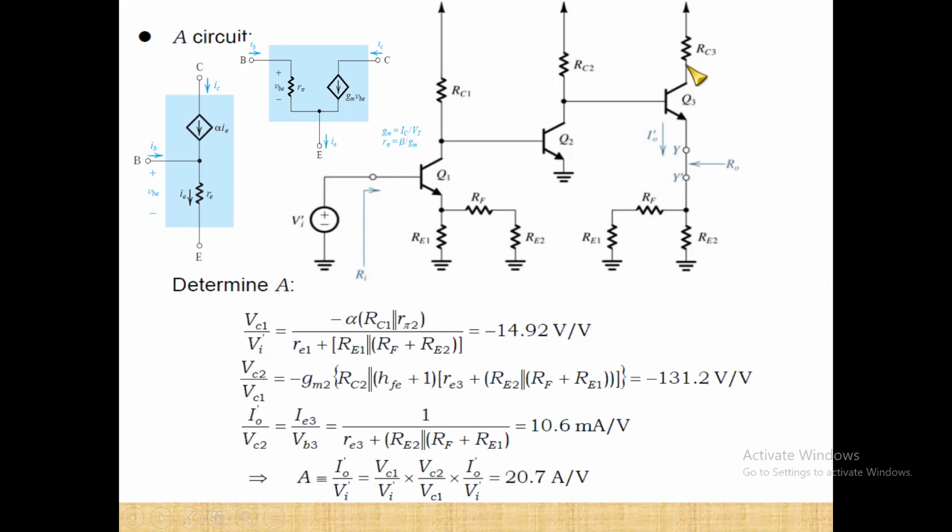Now we want to take the output here. Therefore, R naught, if we take it over here, then naturally the value will be RC2 translated on this side. Okay, RC2 translated on this side.